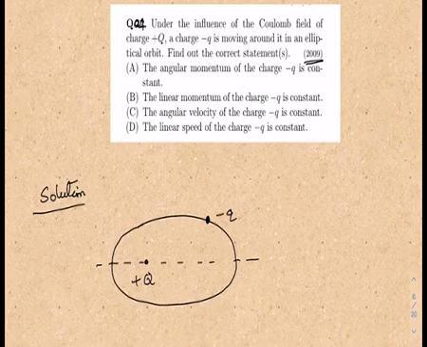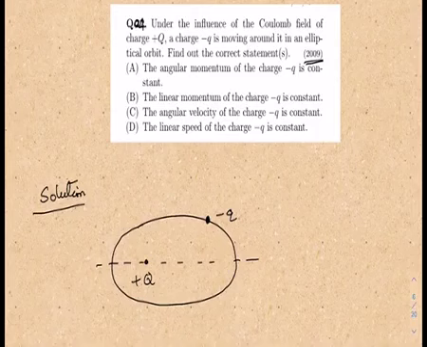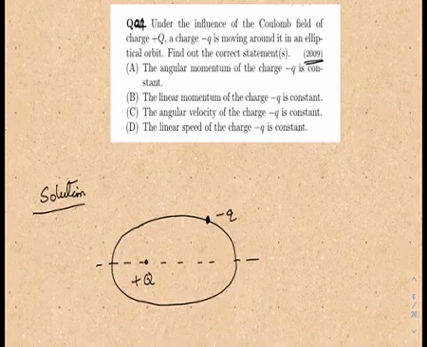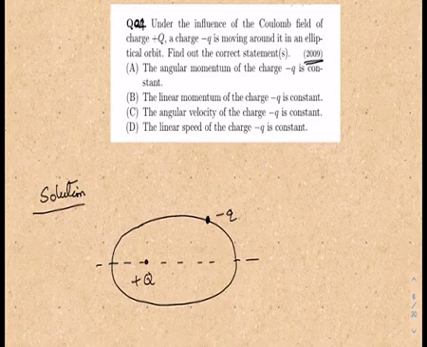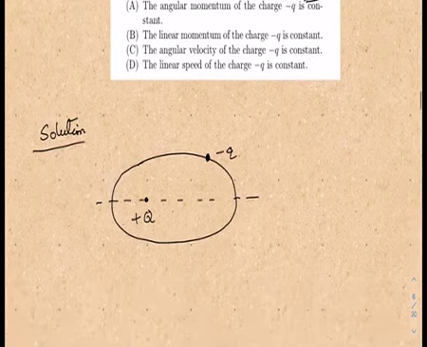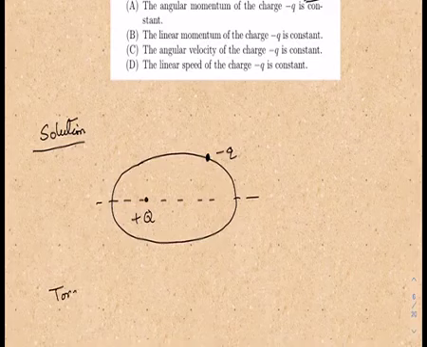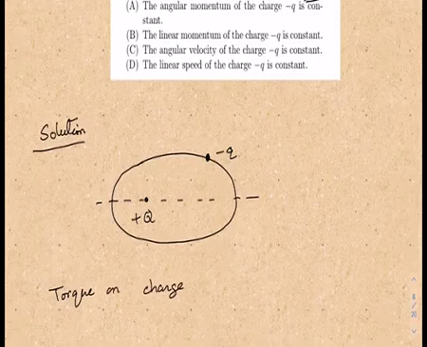To find out the angular momentum, angular momentum is related to torque. Rate of change of angular momentum is torque. So let us first find out the torque on charge minus q due to the Coulomb force.